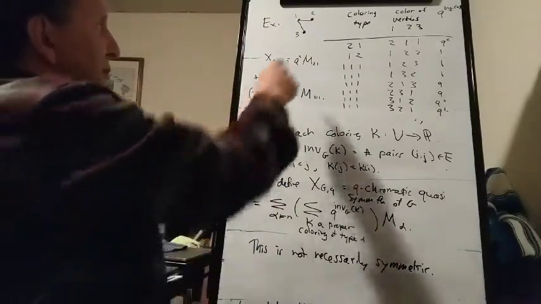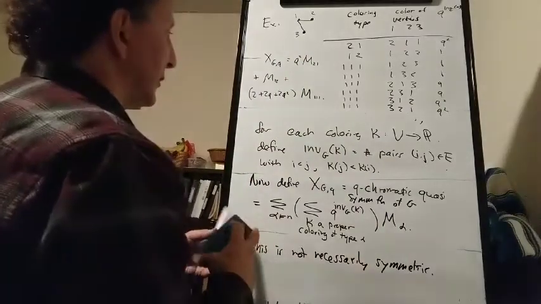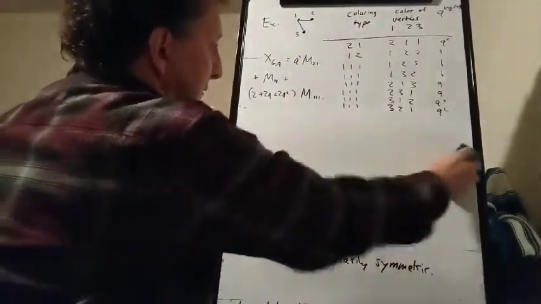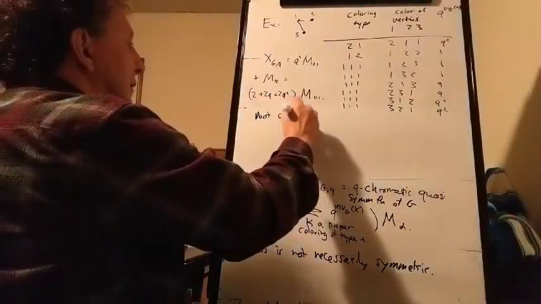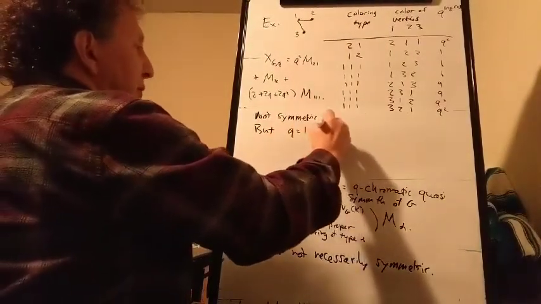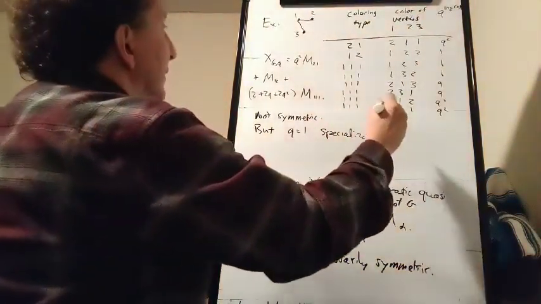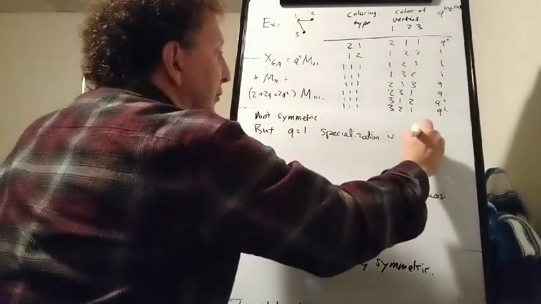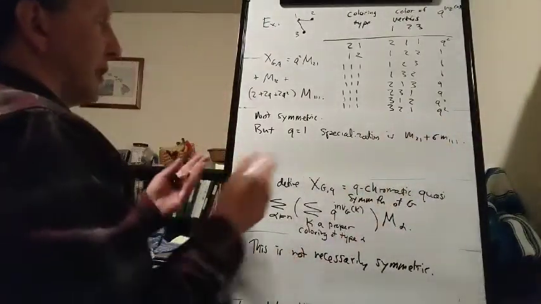You can see this is not symmetric because capital M21 and capital M12 did not get the same coefficient. But the q equals 1 specialization is 1 M21 plus 1 M12 plus 6 M111. So that is symmetric.